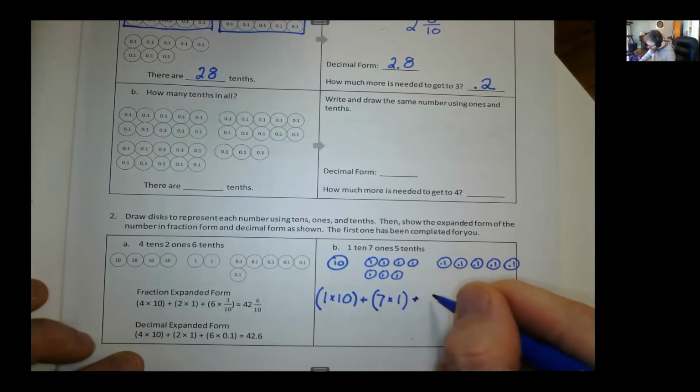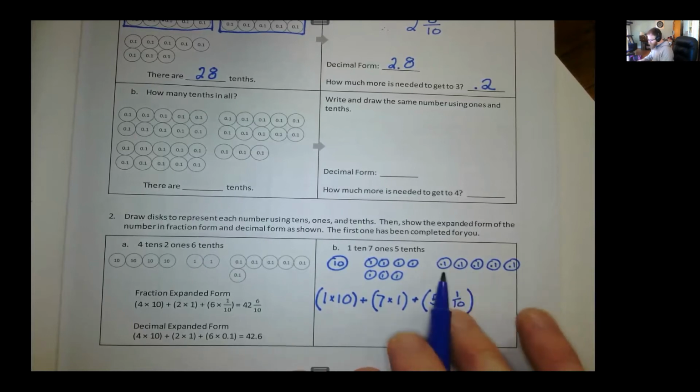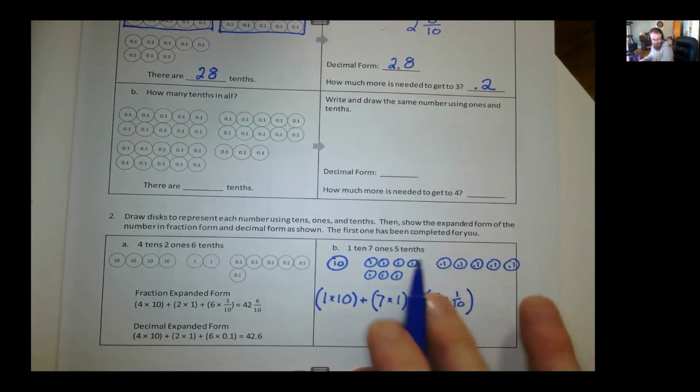Lastly, we can add 5 times 1 tenth because we have 5 1/10ths. 5 tenths.